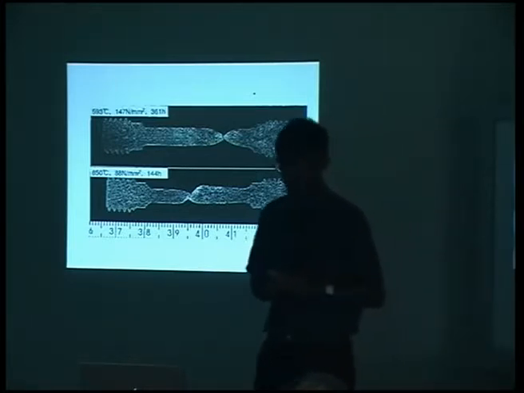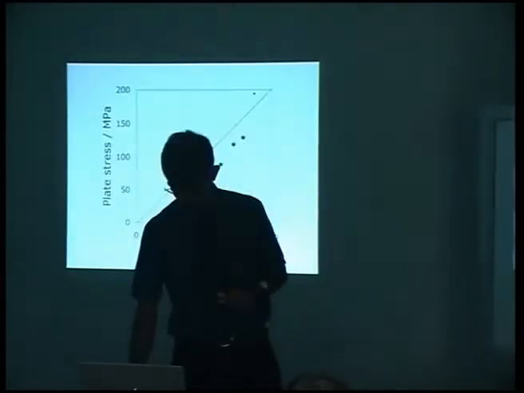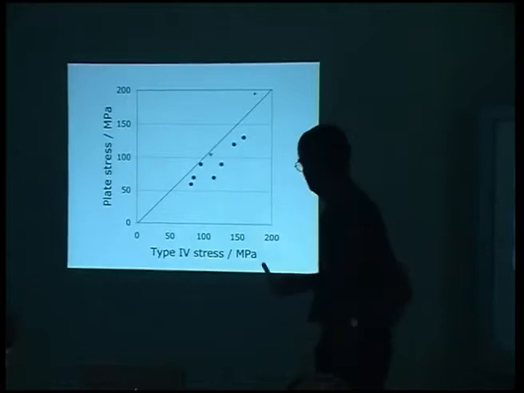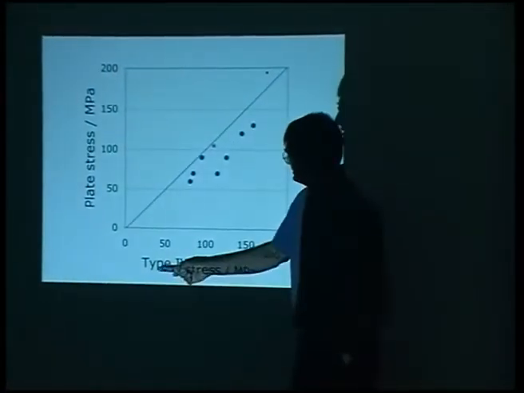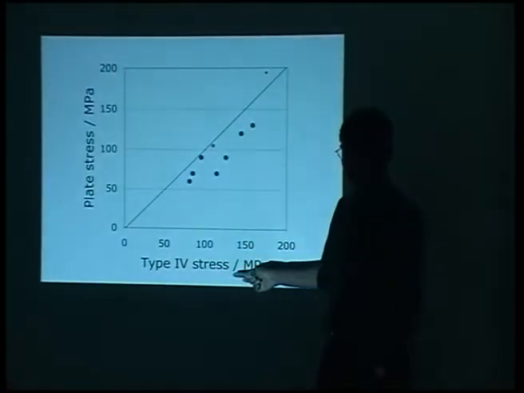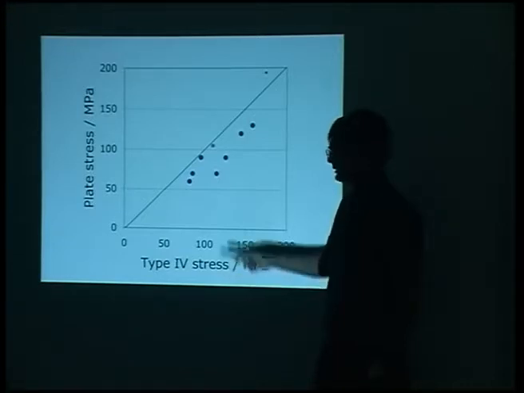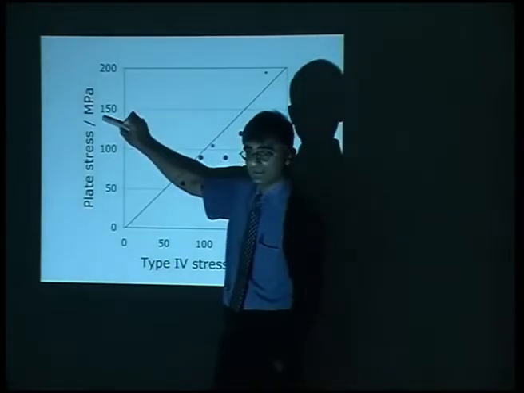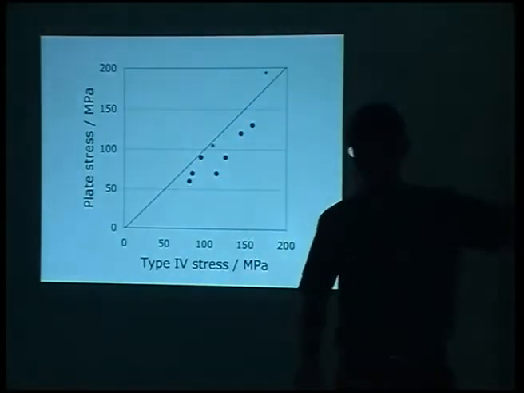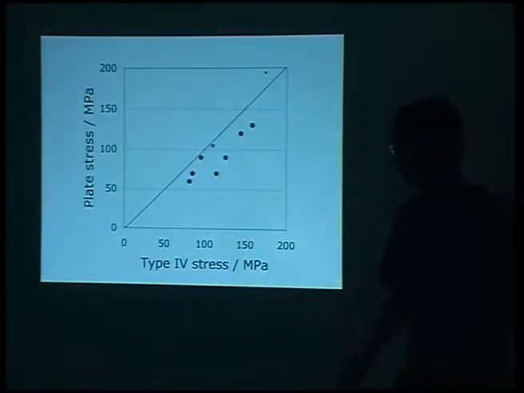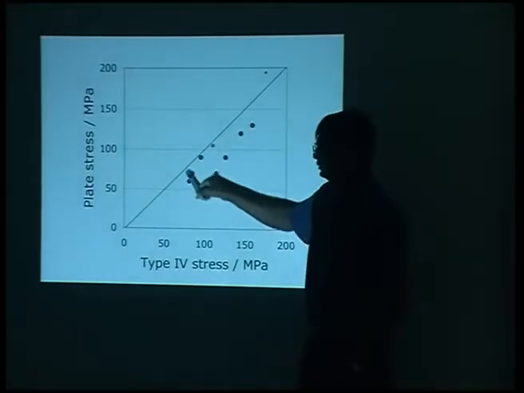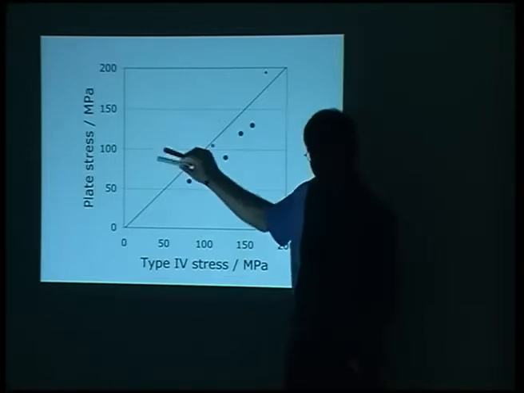And just yesterday, we did this analysis, and sure enough, these are all calculations now. This is the experimentally measured failure stress for type 4 cracking. Just focus on the blue points. And this is what we would predict if this was a homogeneous steel. So you can see that the actual failure stress is always lower than what we predict.